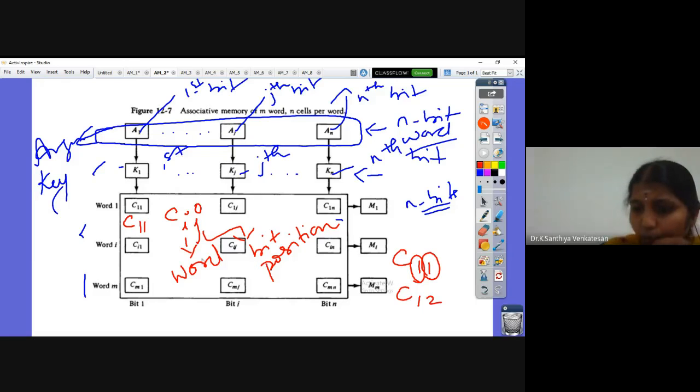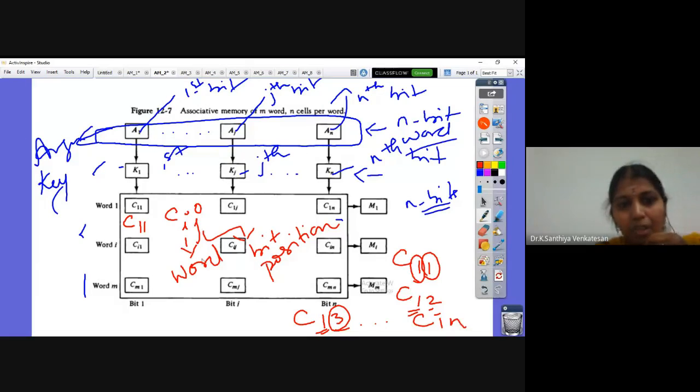C12 is first word, second bit. C13 is first word, third bit. Similarly, how many bits are there in a word? We have n bits, so it is C1n. What does it represent? It is the nth bit of the first word. So this is how you are dividing the word into n bits, and every individual bit is stored in a memory cell.